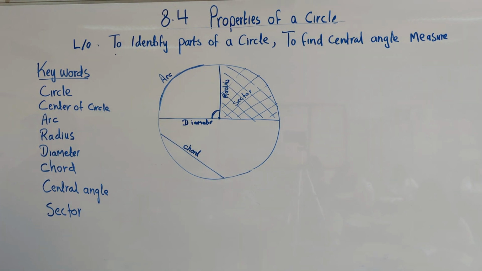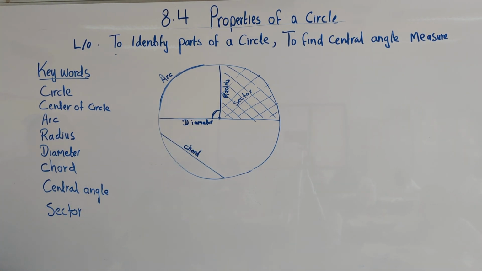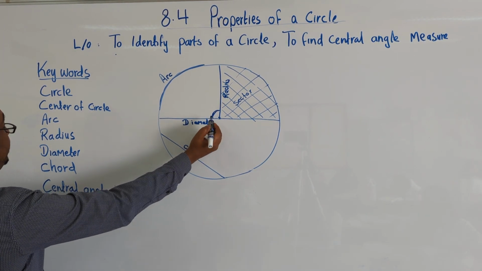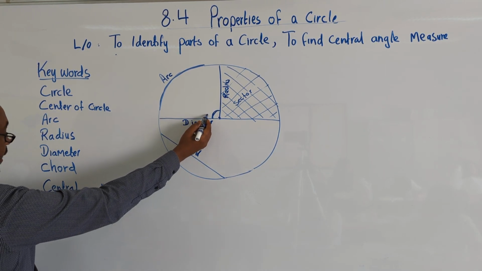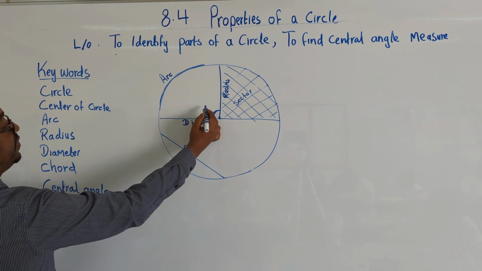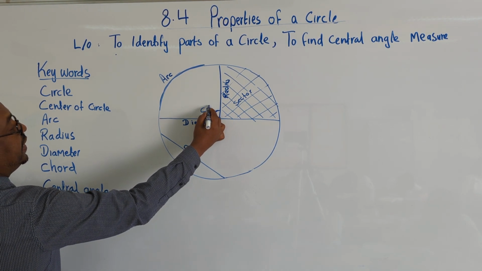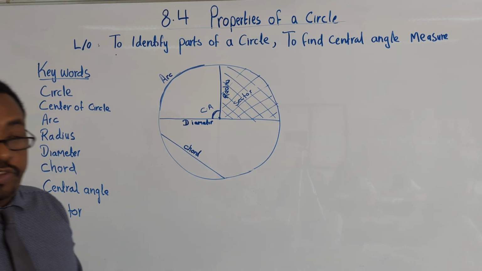We all get that? Yes. This one is the diameter. Here, this is the central angle. I will call it CA, that stands for central angle. Are you with me, girls? Yes. Good. And we know the sector as well. So we have all our keywords.